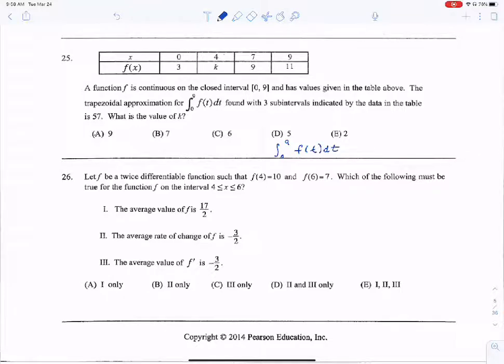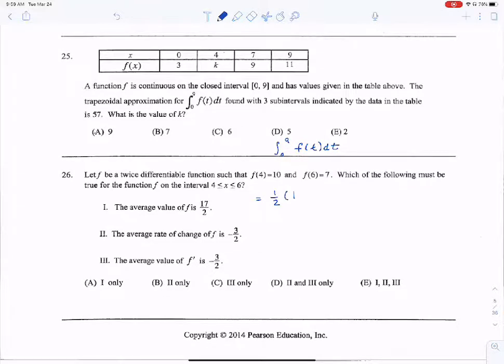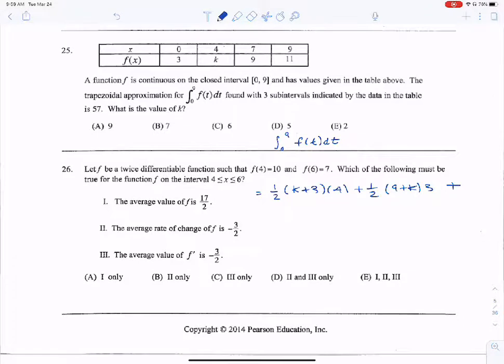So this thing would equal, and if you don't mind, I'm going to do this down here, one half the average of the bases: k plus 3, times the distance between those, times the height, which is 4, plus the average of the next bases, one half 9 plus k, times 3, plus one half 11 plus 9, times 2, and this whole thing is going to equal 57, because they told us it equals 57.